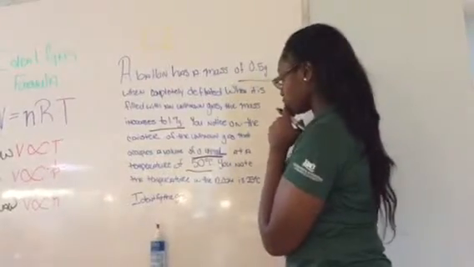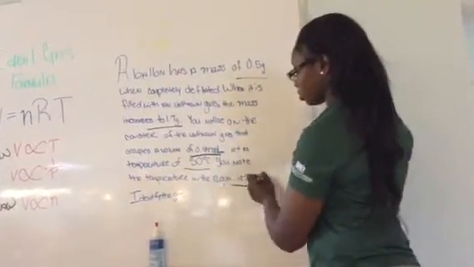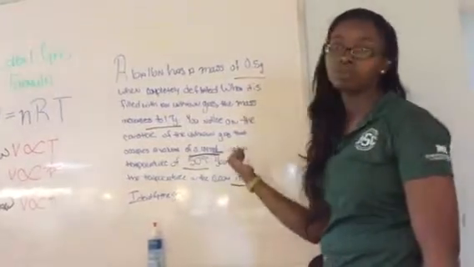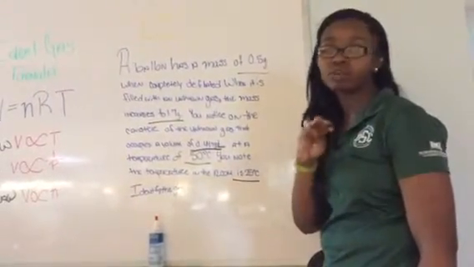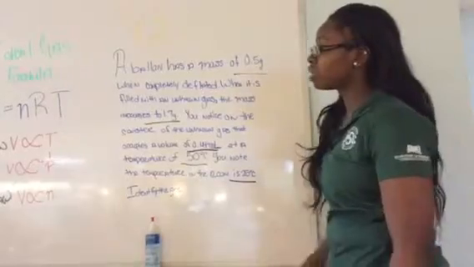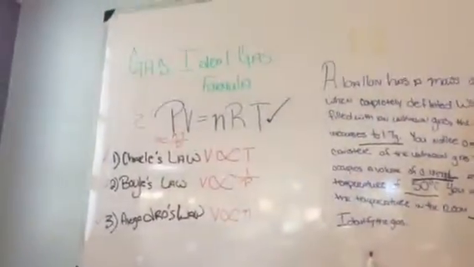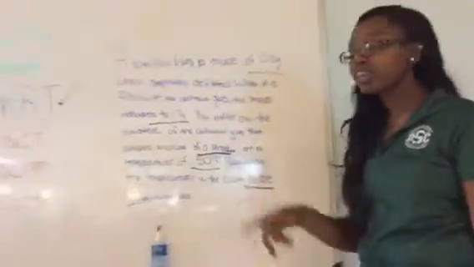You note that the temperature in the room is 25 degrees Celsius. Identify the gas. That's not very hard to recognize. All you have to do is use PV equals nRT.